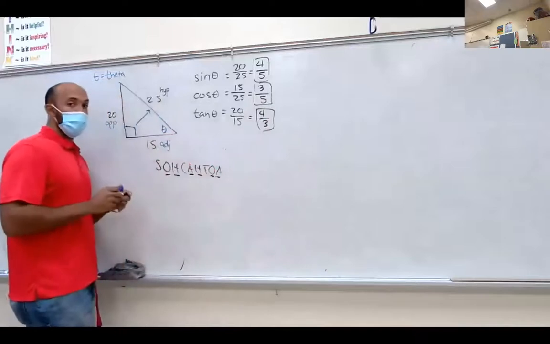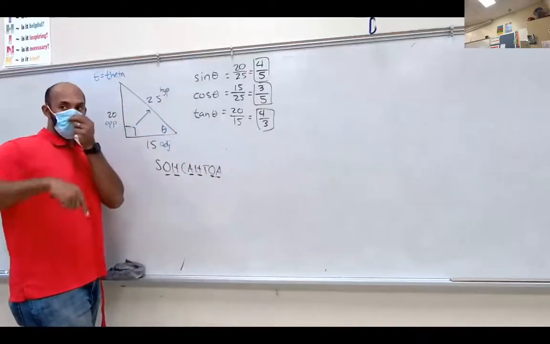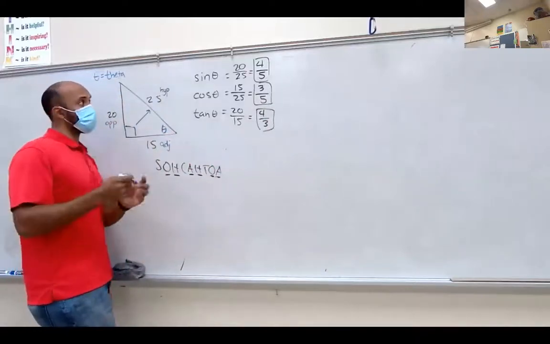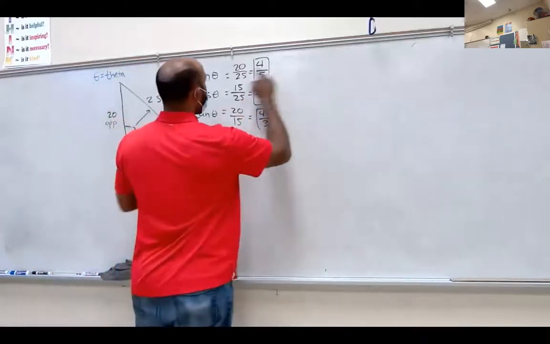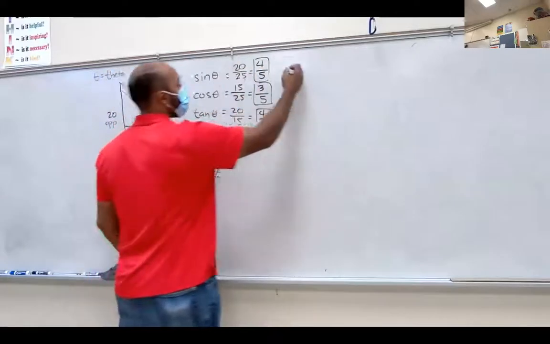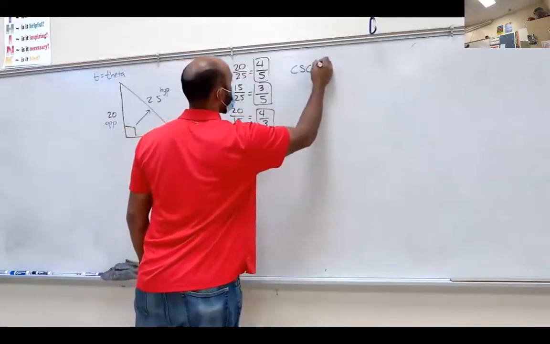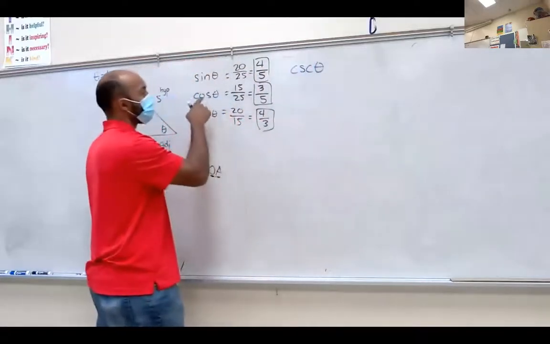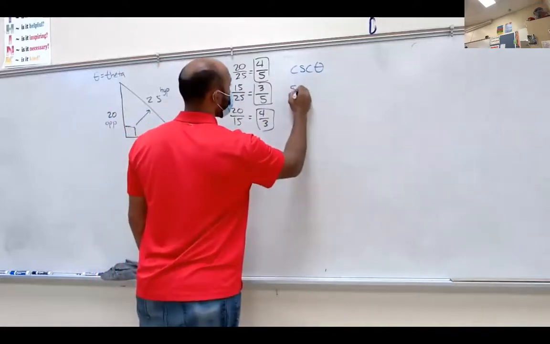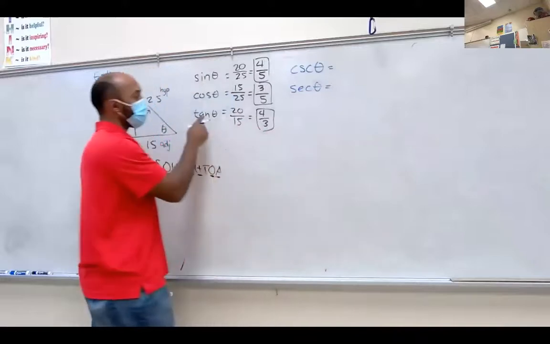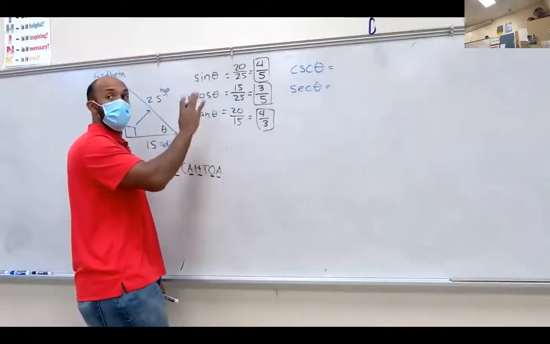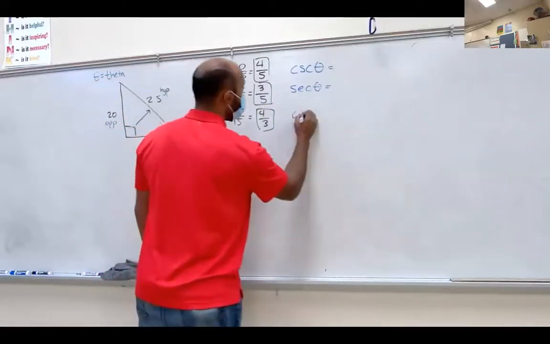All right, then you have the reciprocal functions, or the cousins, as Ms. Menard says in the video, cousin functions. The cousin to sine is cosecant. The cousin to cosine is secant. And the cousin to tangent is cotangent.